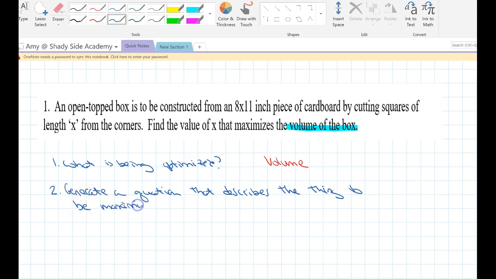Optimized means maximized or minimized. So if we have to find the absolute max volume, what we have to generate here is a volume function. And when we want to find the absolute max of the volume function, you know we're going to have to work with the volume prime function.